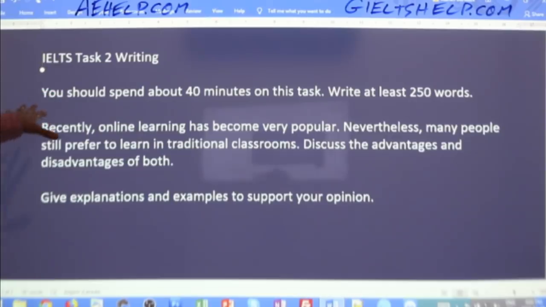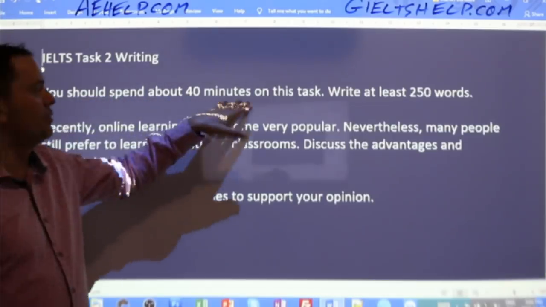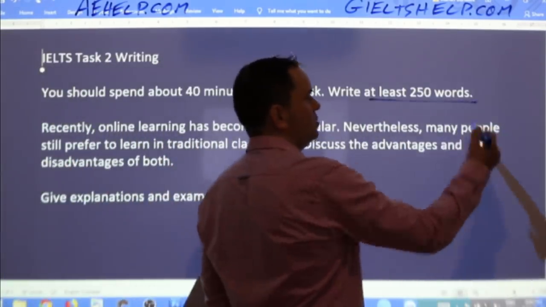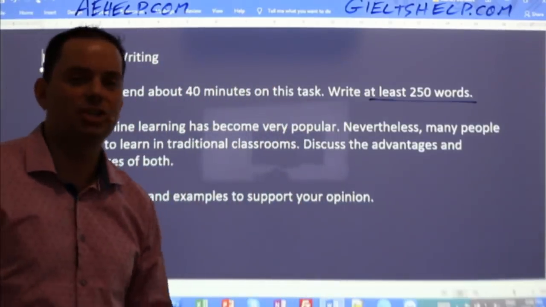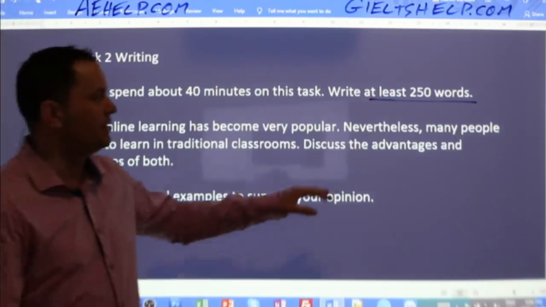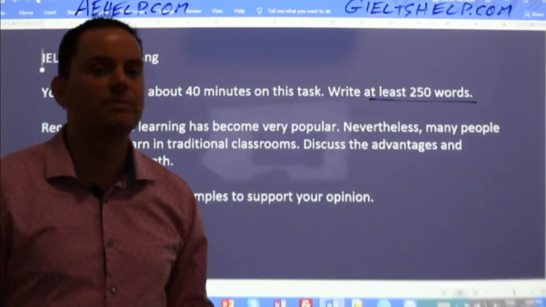All right, so IELTS Task 2 writing. Always read the question carefully, slowly, pay attention. You should spend about 40 minutes on this task. Write at least 250 words. That means minimum. To get task completion score, you need to have at least 250 words. If you write less than 250 words, you will start to lose marks.